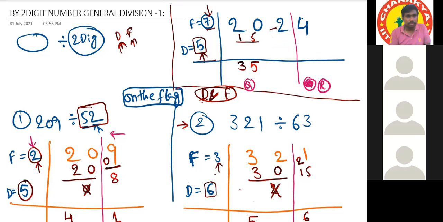Sorry, 5 5s is 25, no? 5 times 25, and the remainder is 27. So in the previous case, we had taken 6 times.